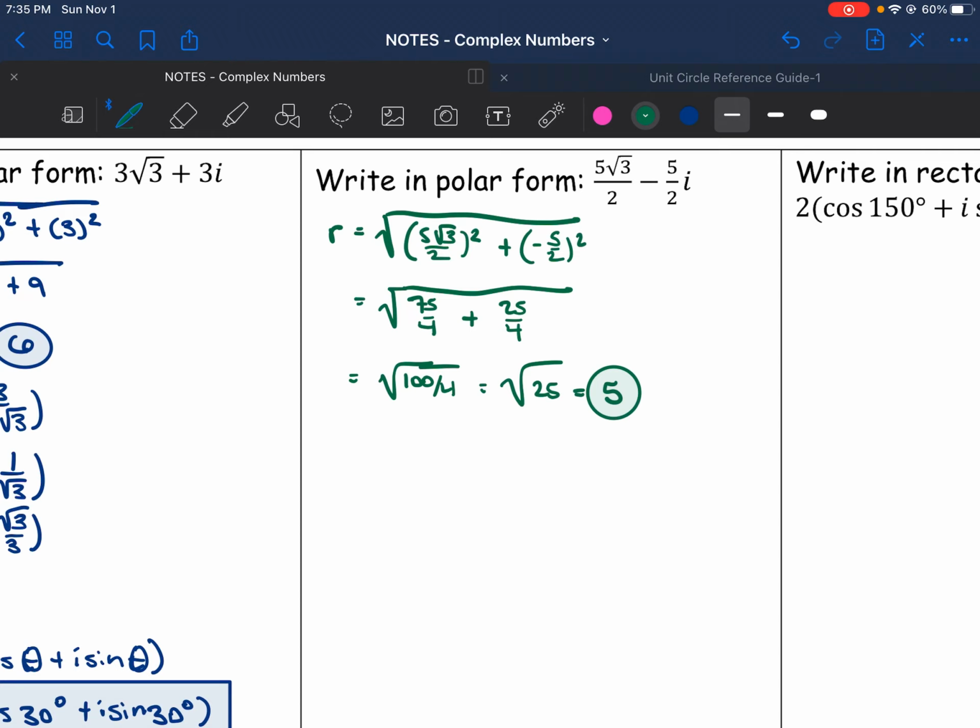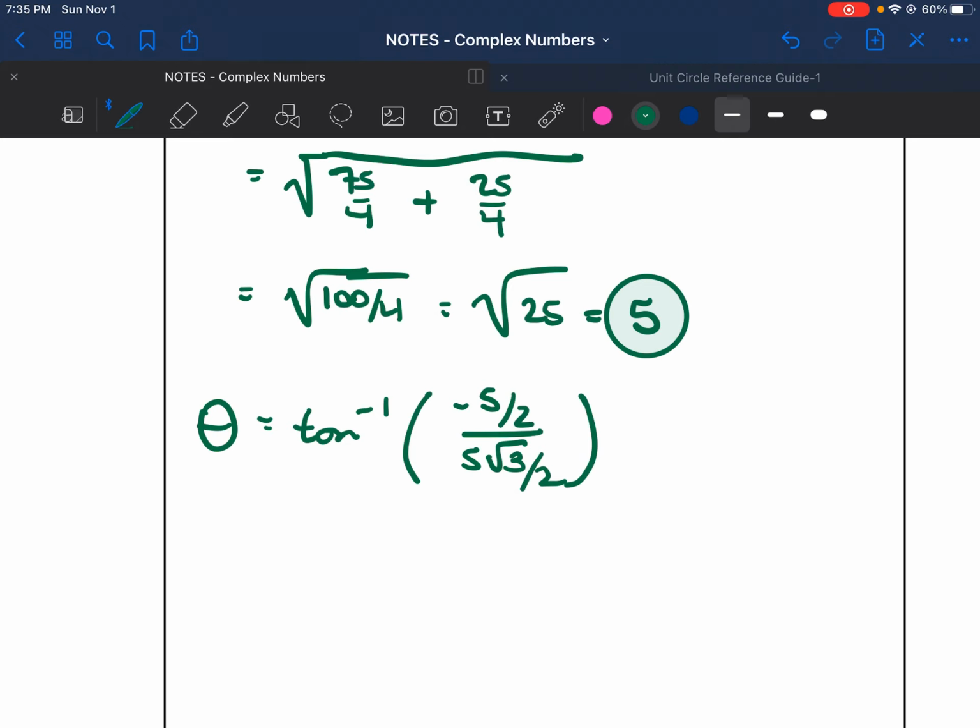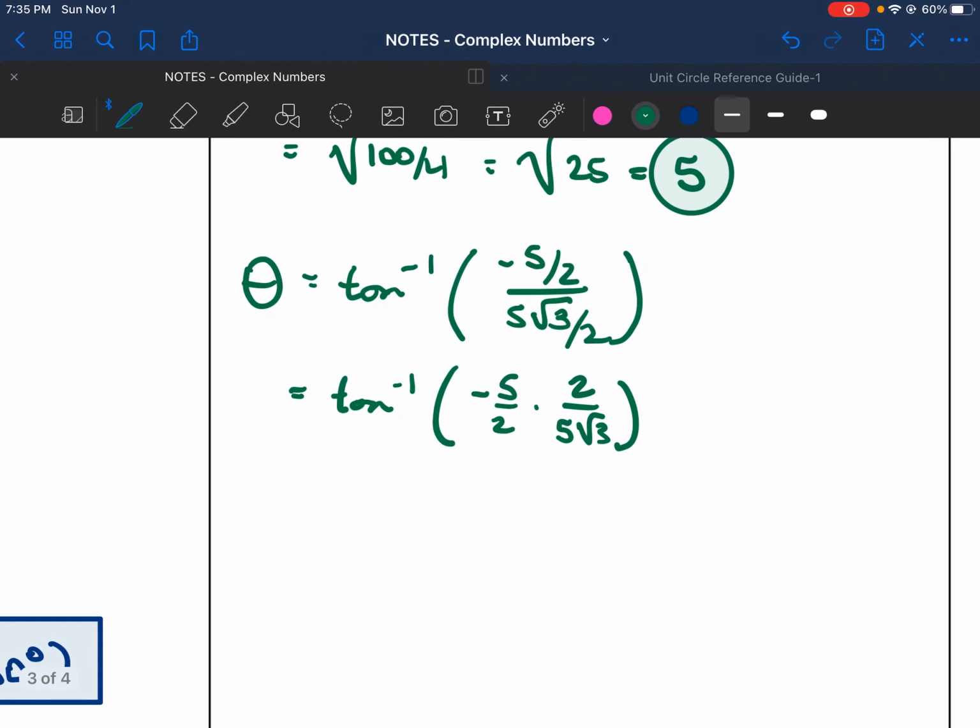Now let's calculate theta. So theta is the inverse tangent of the b term divided by the a term. Negative 5 halves divided by 5 root 3 over 2. Wow, that looks kind of messy. Let's go ahead and simplify that. This is the inverse tangent of negative 5 halves times 2 over 5 root 3, doing our whole keep, change, flip business.